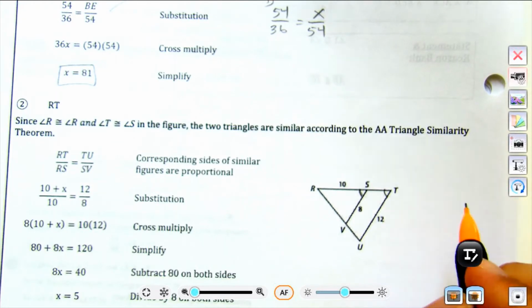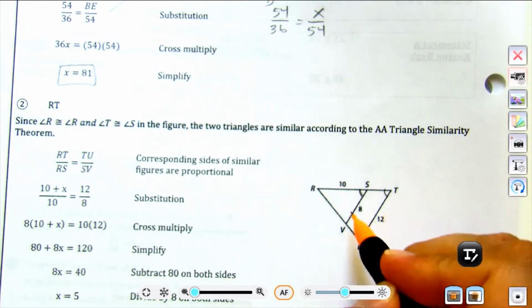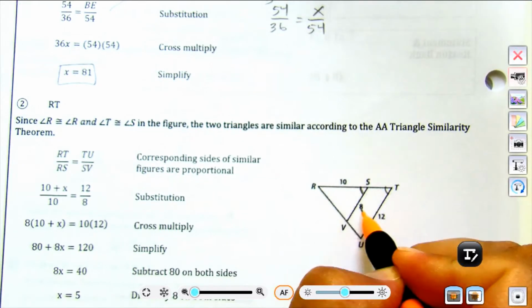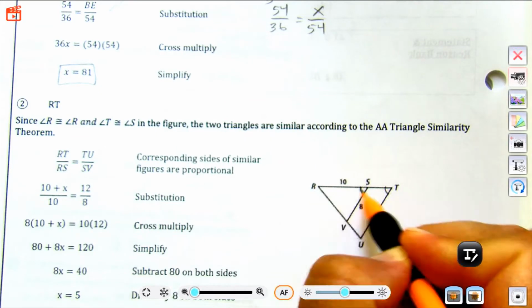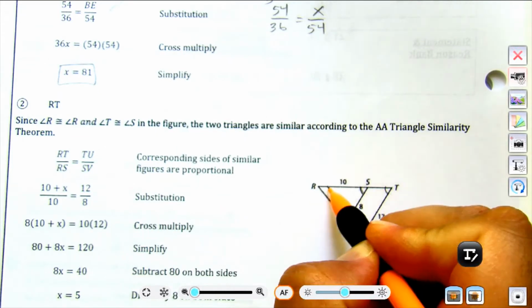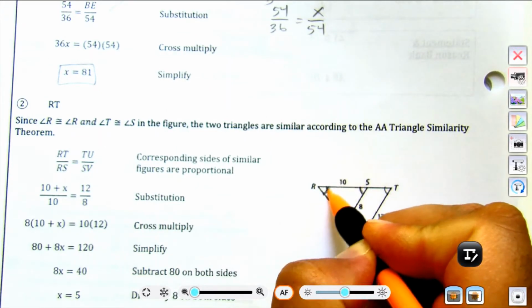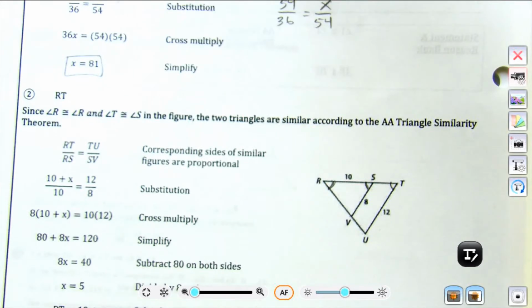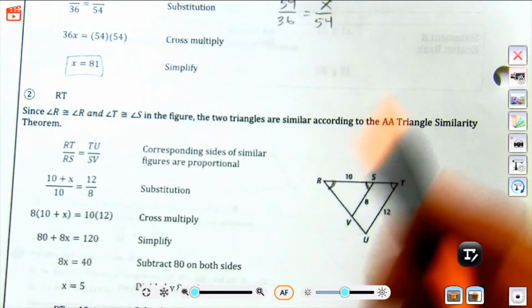We don't know these lines are parallel, so we can't say anything about angle V or U. But one thing that we know is that this small triangle and this larger triangle share this angle R. So actually, angle R is congruent to angle R in both triangles, and that's our two angles that we need to use the angle-angle triangle similarity theorem.